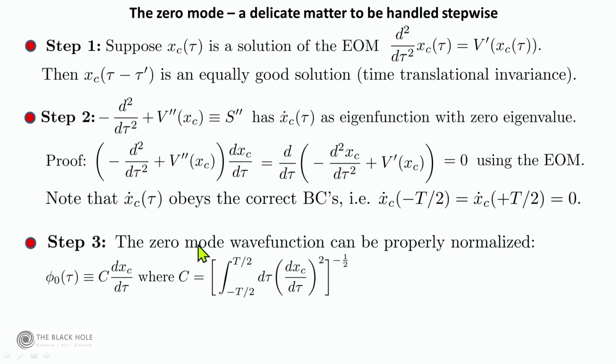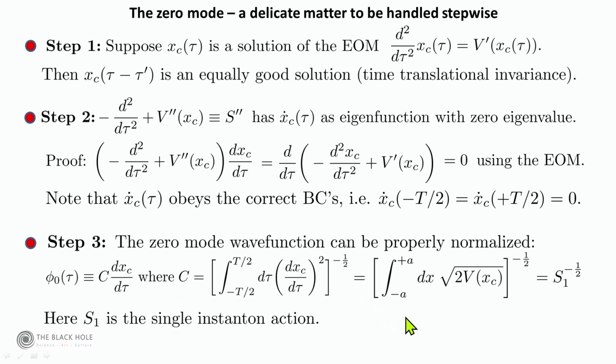Well, the zero mode function is xc dot, but it has to be normalized. We can do that. That's easy enough because it doesn't vanish anywhere. And you see that from here, we can just square this, integrate it, and then divide by the result, and that'll give us the proper normalization.